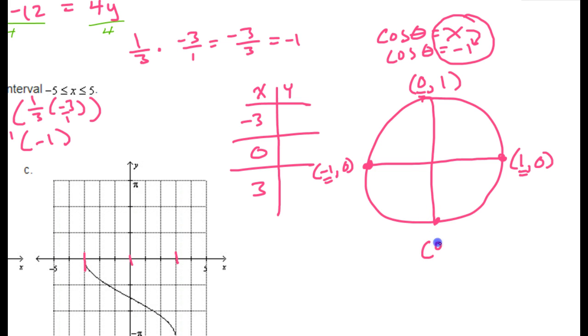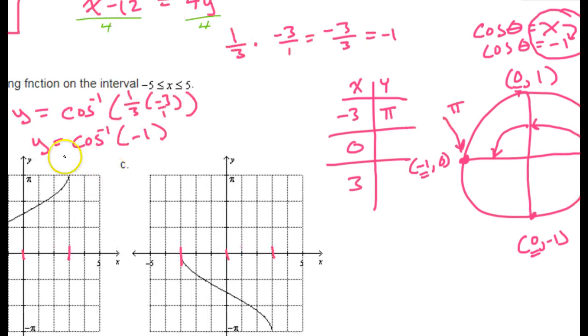Now down here at the bottom, this is (0, -1). The x value is 0. So this is the only place on the unit circle where the x value is -1, and this is pi. Starting from here, this is 0, this is pi/2, and then this is pi. So at -3, we're going to get pi for the answer. The inverse cosine of -1 is pi.